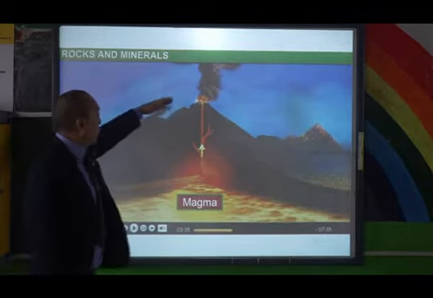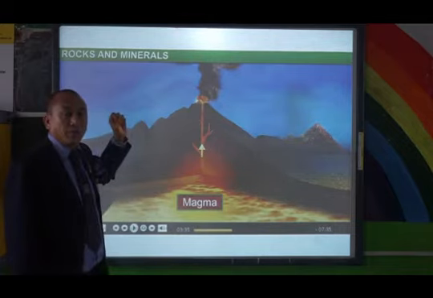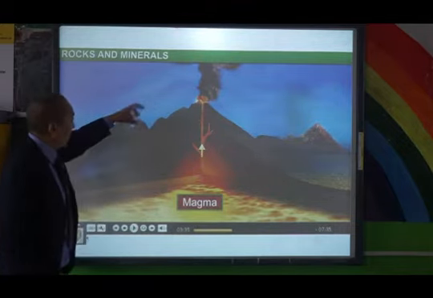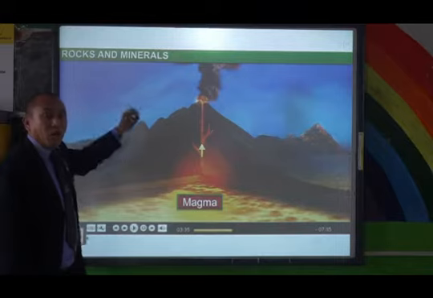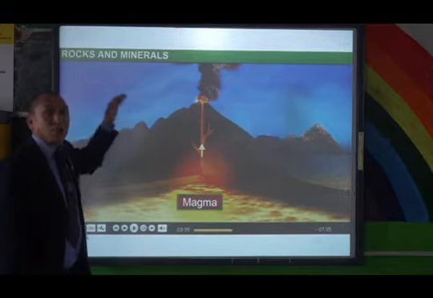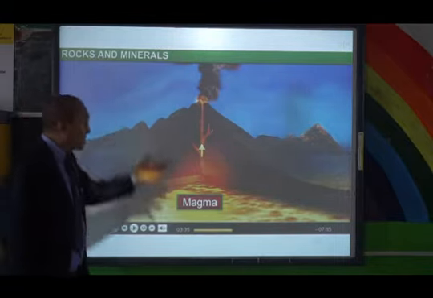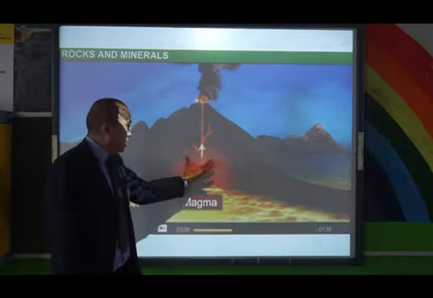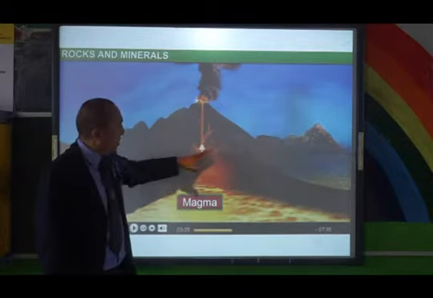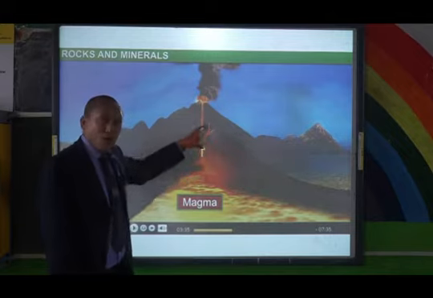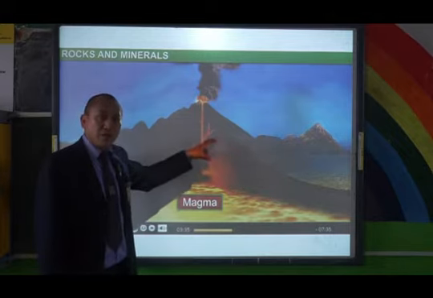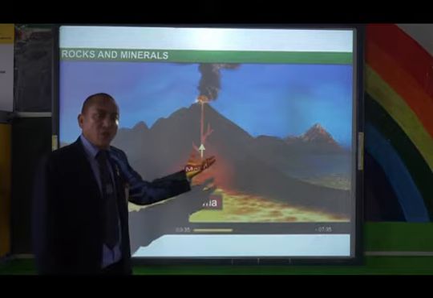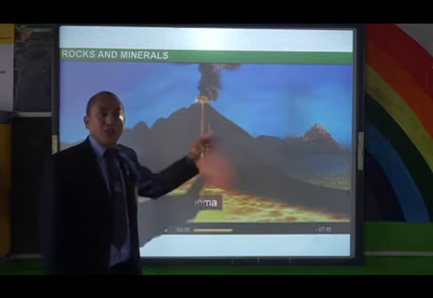And when it cools down, it forms a hard solid rock, which is called an extrusive igneous rock. But sometimes when the magma is coming up, and suppose it cools down here itself, it goes into some cracks and cools down. When it cools down inside the Earth's surface, it turns into a hard solid rock, which is called an intrusive igneous rock.